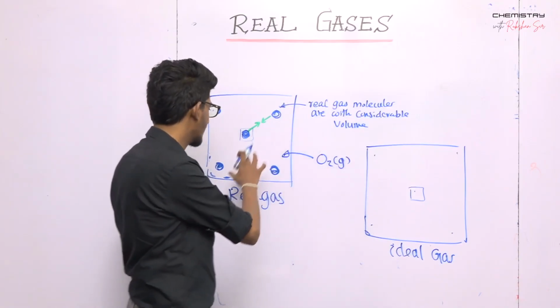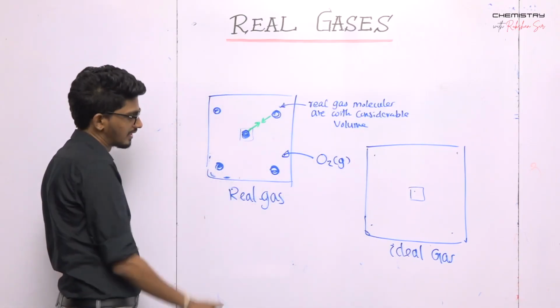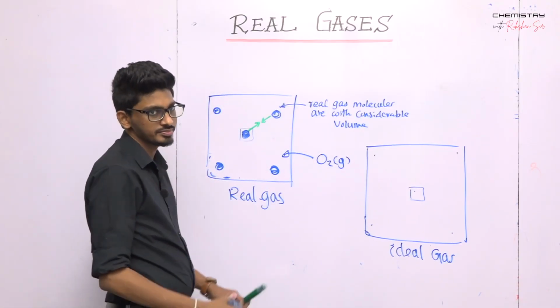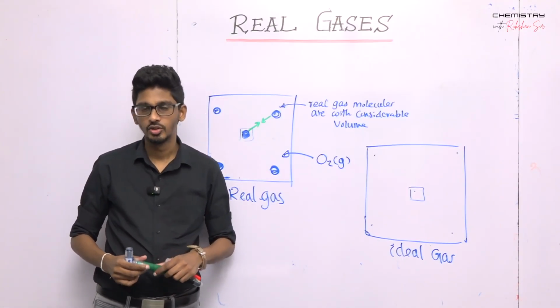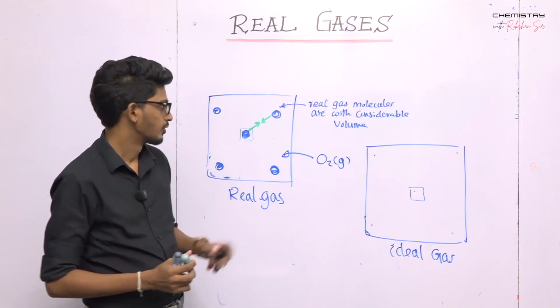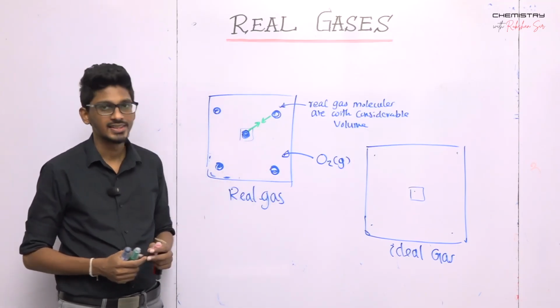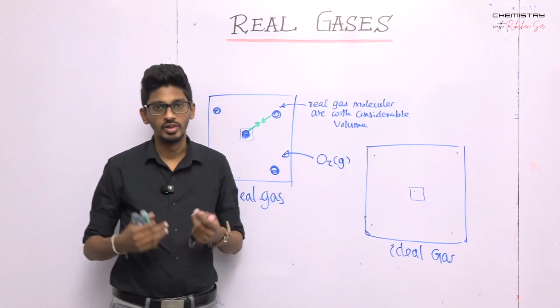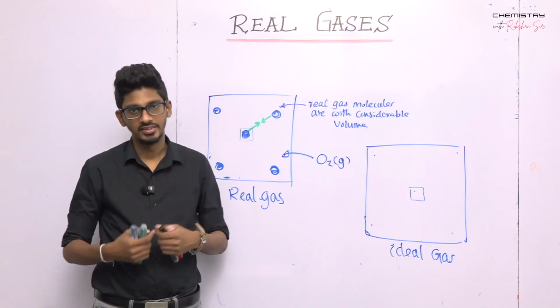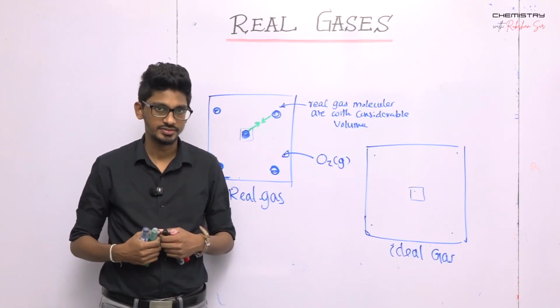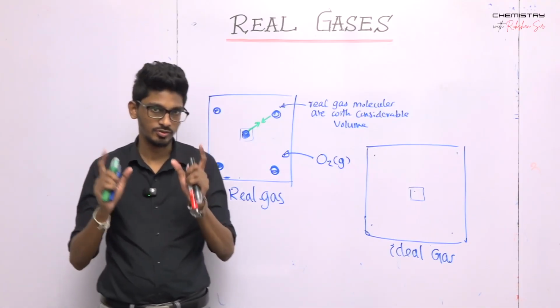But real gases will attract as well as repel, because the molecules feel the existence of the others. Because of these two facts, real gases are not considered ideal gases; they behave differently from ideal gases. Those are the two major facts.